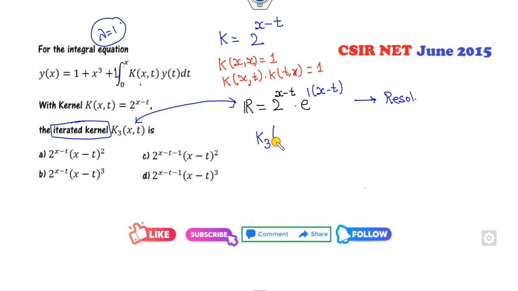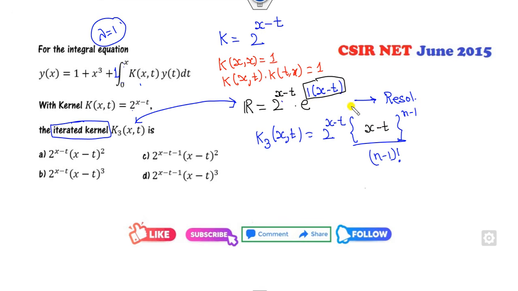If I am talking about K3, it is similar to this, you have to write this quantity. You have to expand this series with (n minus 1) over (n minus 1) factorial. So this is x minus t, with whatever the coefficient of this is here. Now you need K3, so n will be 3.